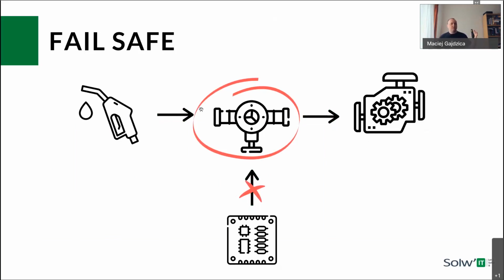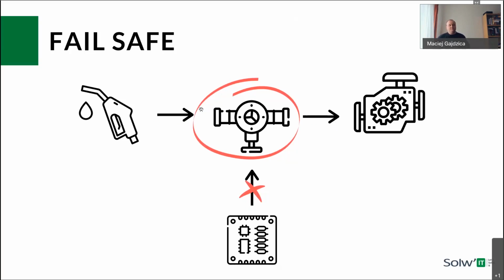So this valve will be set in some default state. And we have two possibilities now. This valve can be fully open, so we allow fuel to be added to the engine, and we lose control of our device.